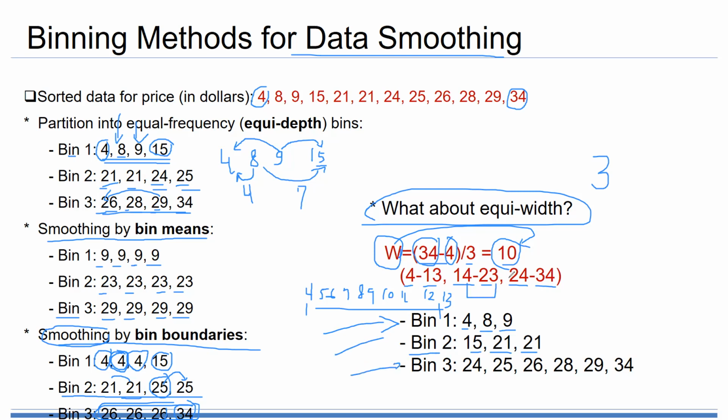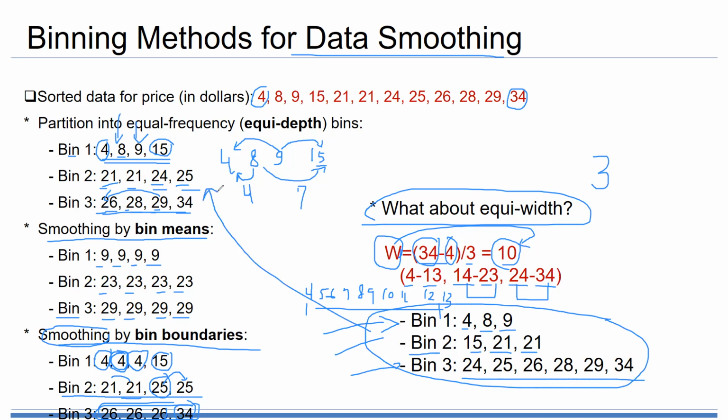And the numbers between 24 and 34 will be in bin number 3. So you can see the distribution of these bins is different from the distribution of the other one. This equal frequency is different from the equal width.